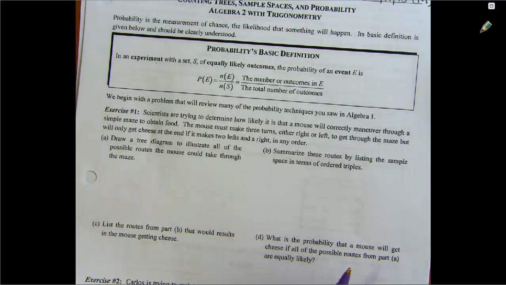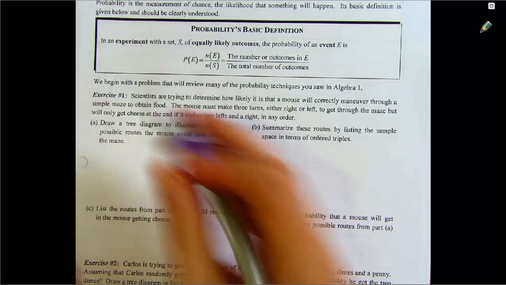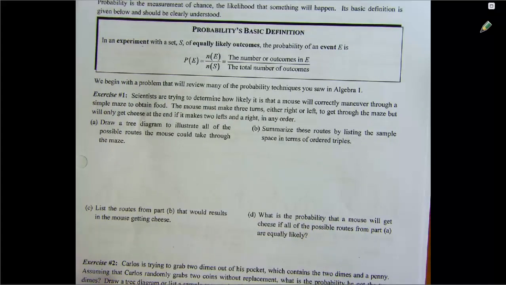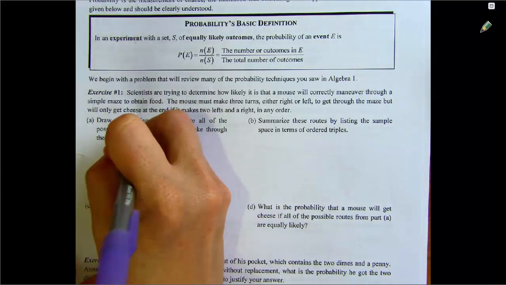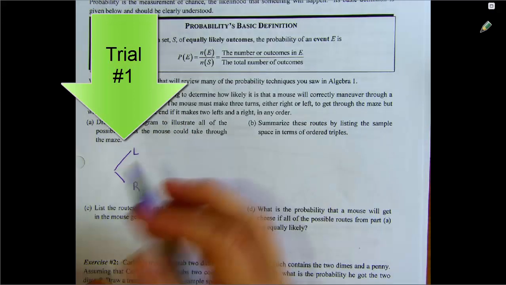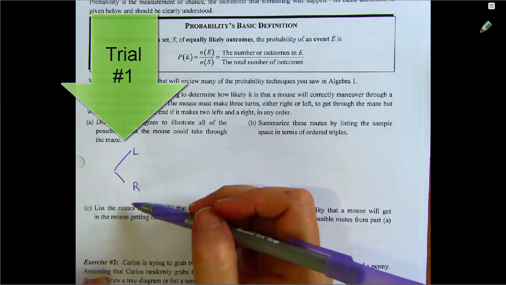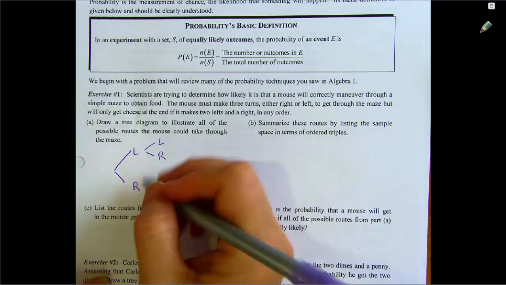So for this example, the mouse is either going to be able to go left or right in 3 turns. So in his first turn, he will go left or right, so you show that. And then regardless of what happened in his first turn, he'll go either left or right again. So if he went left on the first turn, he can go left or right on the second turn.